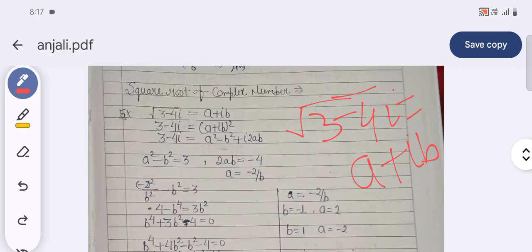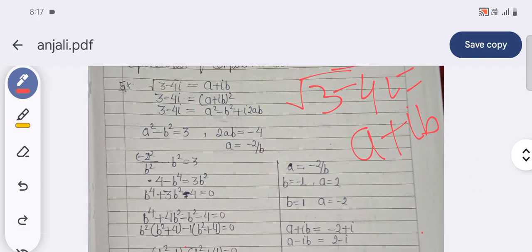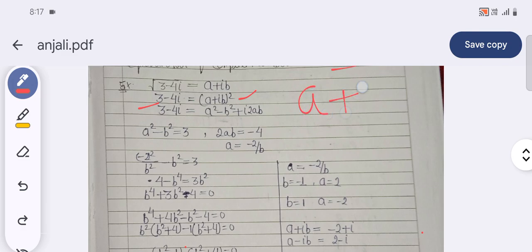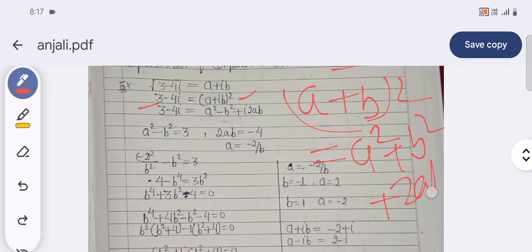Okay, squaring both sides, what will be your answer? 3 minus 4 iota is equal to a plus iota b whole square. It is clear? So 3 minus 4 iota, we will use the identity a plus b whole square, so a square plus b square plus 2ab.